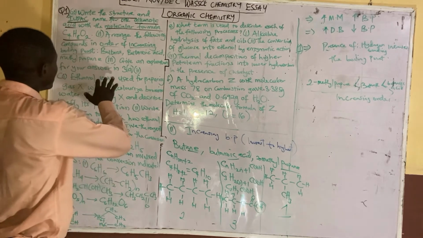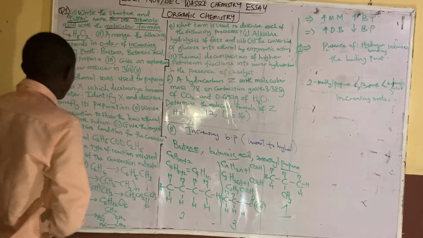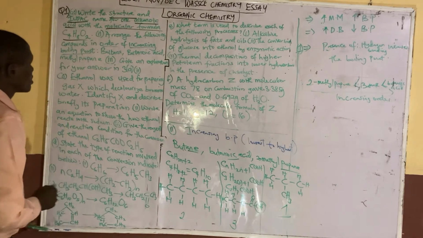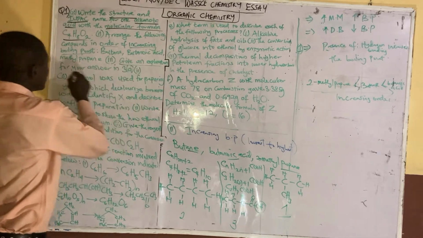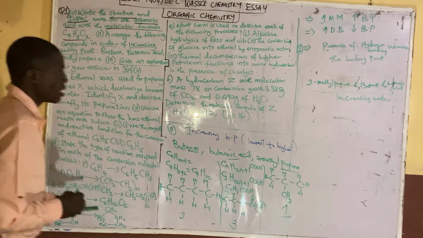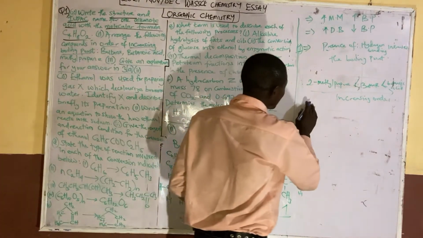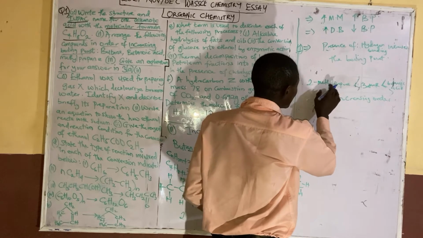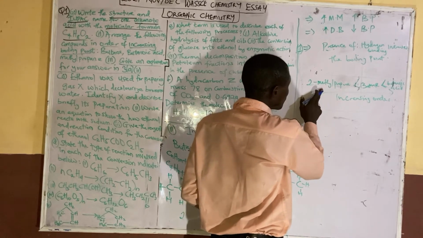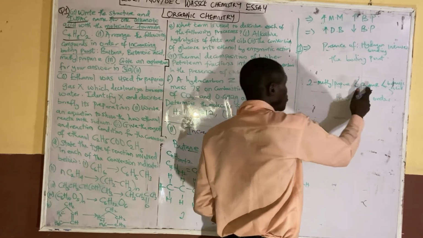Now the third one is, let's see. We ask, give the reason for explanation. Already given, because this one is what? The reason why is that propane has a higher degree of branching, so it has a lesser boiling point compared to butane.